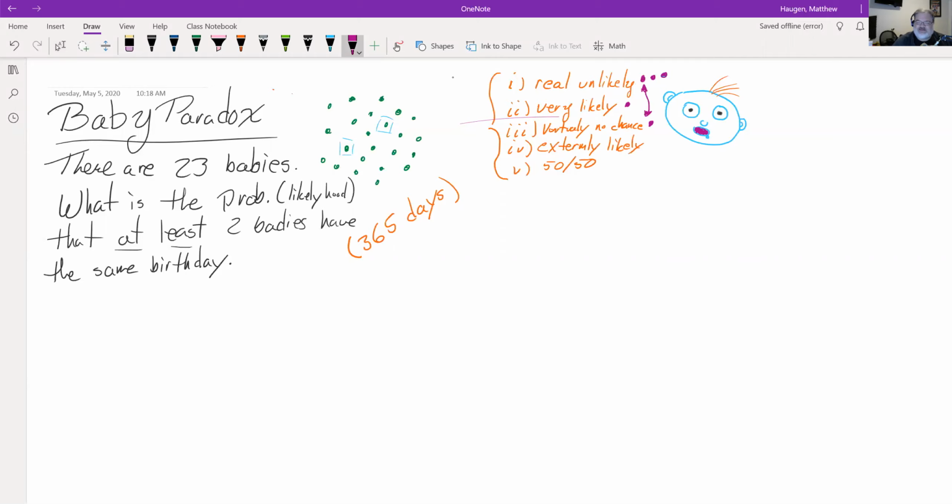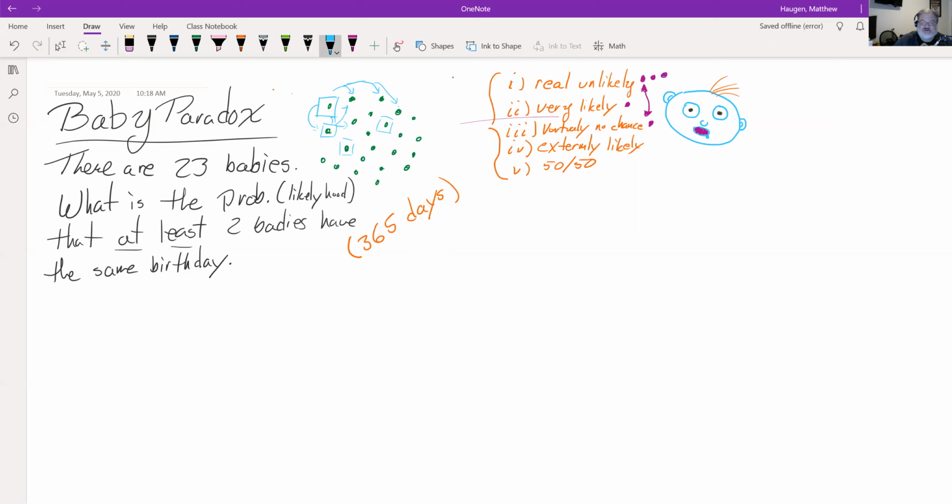If we picked a particular baby and tried to figure out the probability of that baby matching up with that baby, plus the probability of that baby matching up with that baby, plus the probability of that baby matching up with this baby, and did that for every other baby, we would then have to go to the next baby and say, okay, what's the probability of it matching up? And we'd have to remove all the cases where this baby was checked. It's possible to do, but it's a pain to do one at a time.